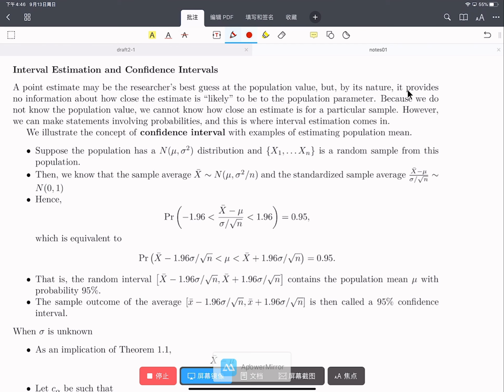So we would sometimes use so-called interval estimation, or confidence intervals, to provide more information about our estimation of the population parameter.